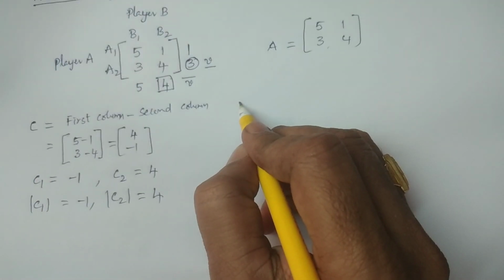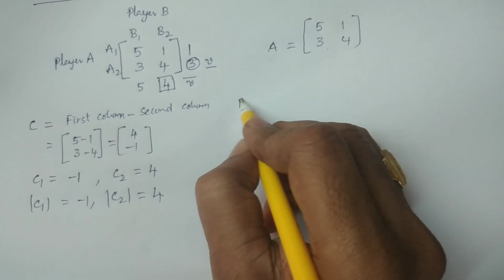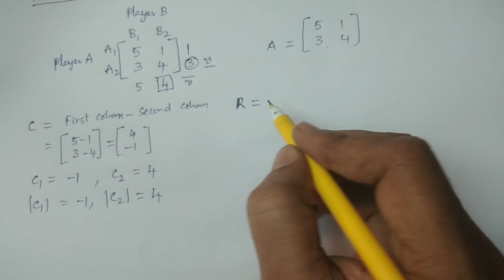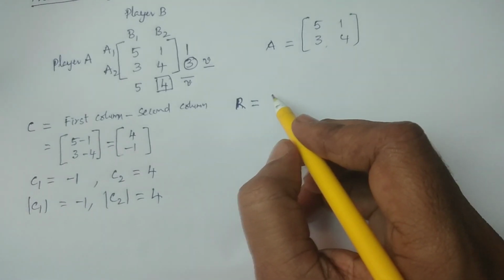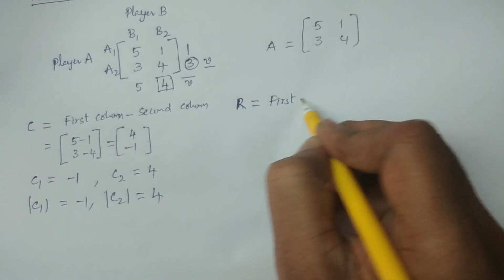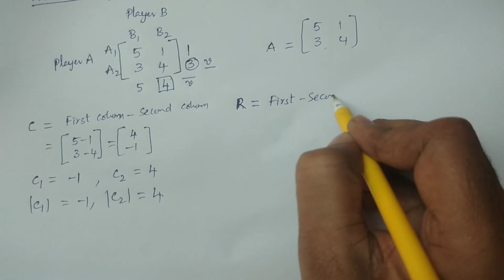Now coming to R, that is the row matrix. To calculate the row matrix R, you follow the same procedure: first row minus second row.